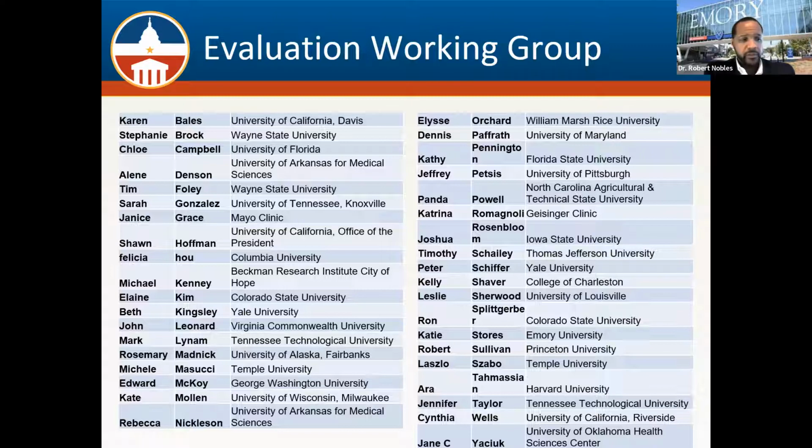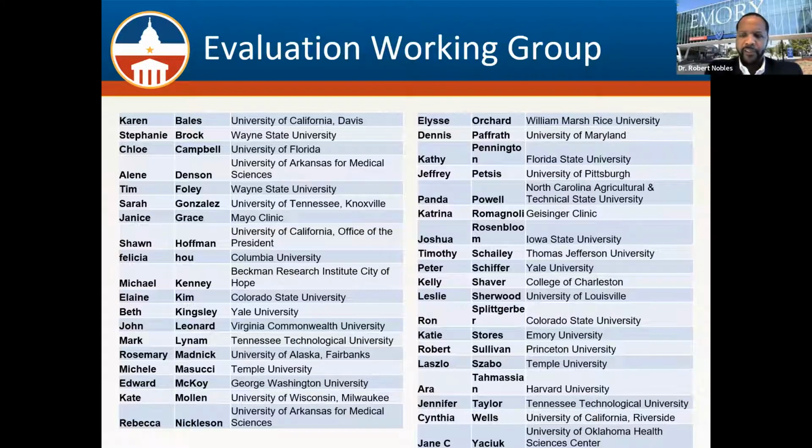So kudos and appreciation to the evaluation working group who gave valuable information to get us to where we are today. I took that plan and I shared it with the executive committee and gave a presentation to them. And I'll talk about that just a little bit towards the end when we get to next steps.